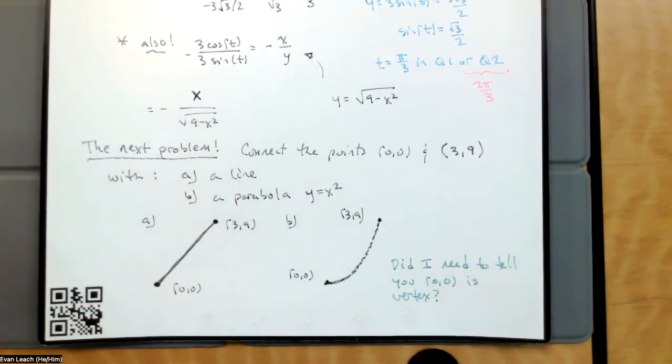Is there another parabola that contains 0, 0, and 3, 9? So that's another variation of this question.